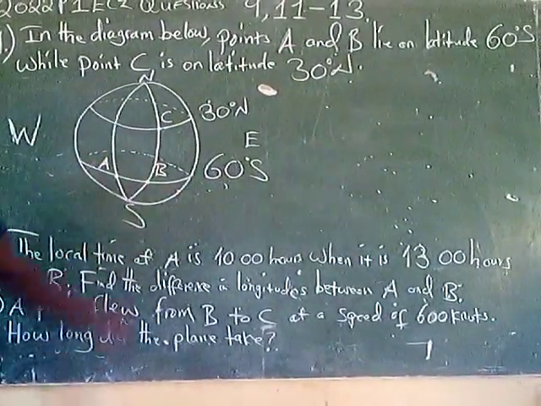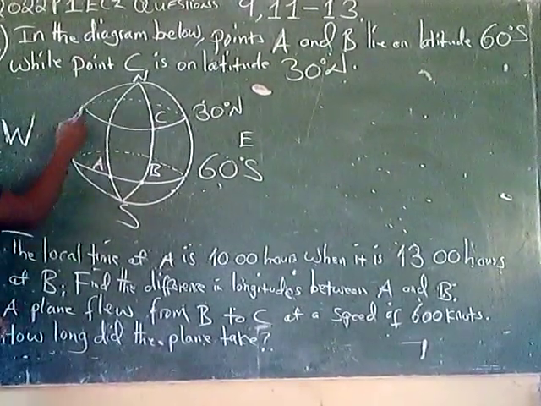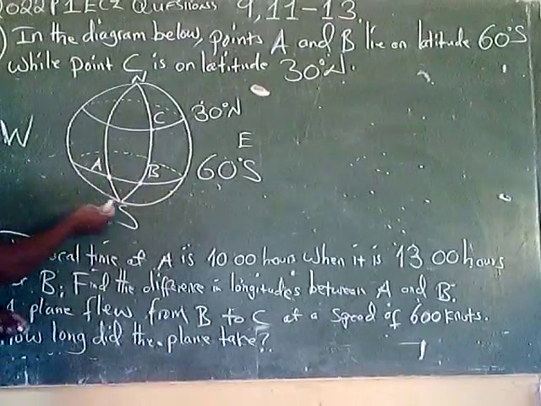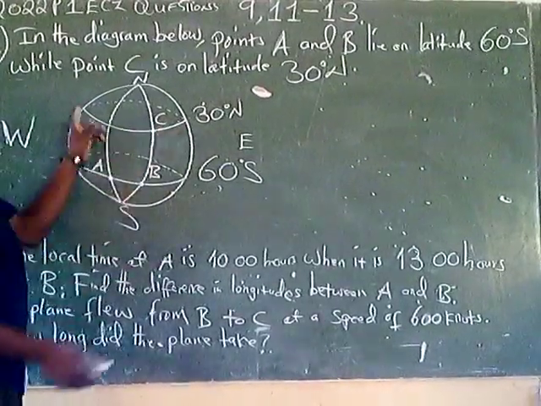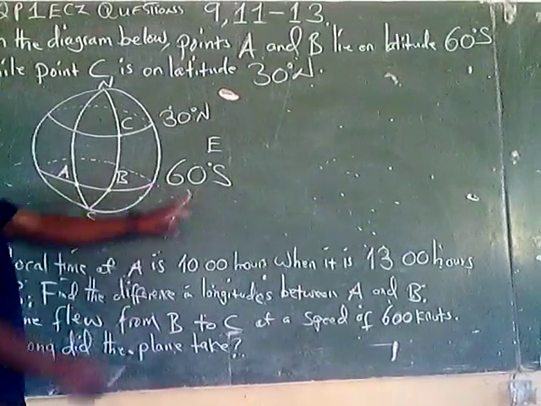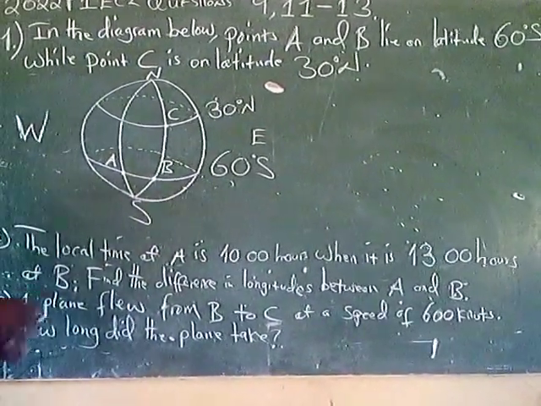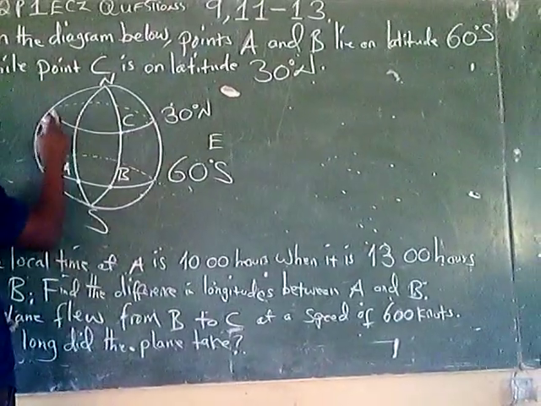So in the case of this particular diagram, I've got two latitudes. I've got this one here, which is latitude 30 degrees north, and we have another one, which is latitude 60 degrees south. And the fact that we've got these latitudes are from different hemispheres.